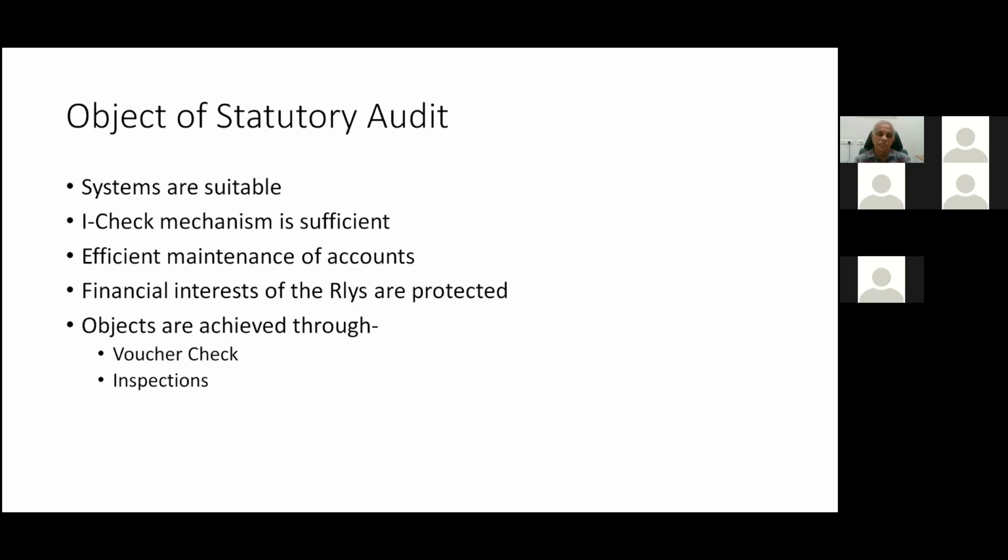Similarly, another method through which they achieve this object of statutory audit, whatever I have told, is through inspections. They go to various offices. So how do they go?